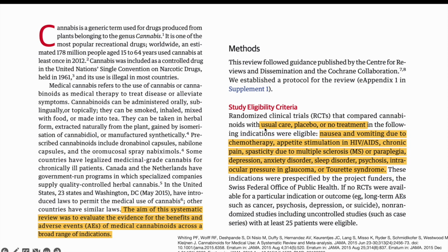We can also see something like, oh, this looks like a comparison here, either usual care, placebo, or no treatment, where we have our intervention as the cannabinoids, right? What are the indications? They looked for many, many indications. Of interest to us is chronic pain.